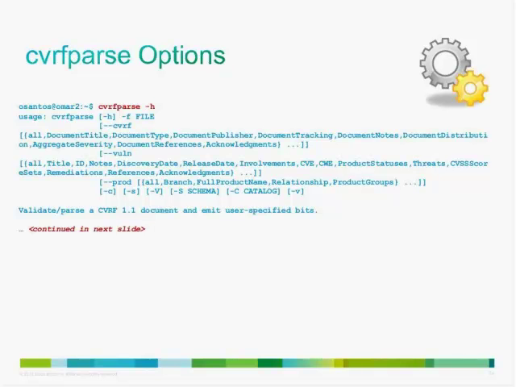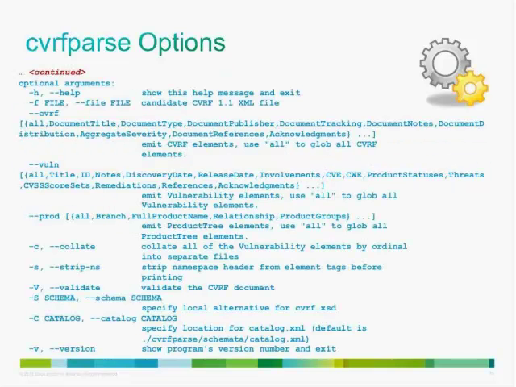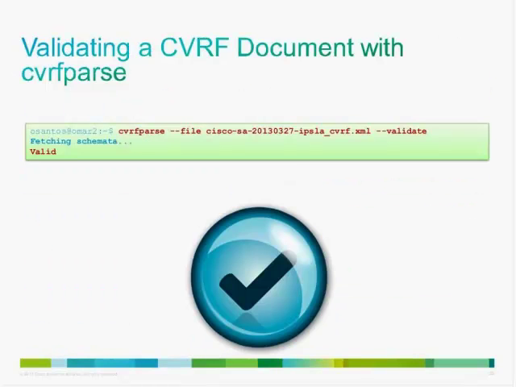But you can manipulate things like the CVSS score, the score that I mentioned before that we use to calculate the risk of the vulnerabilities, or the summary of the vulnerability, identifiers like the CVE, the Common Vulnerabilities and Exposures identifiers, and many other things. You can also get information about remediation, workarounds, and things like that. Again, this is just for your reference. All the options of the CVRF parse tool align with the standard itself.